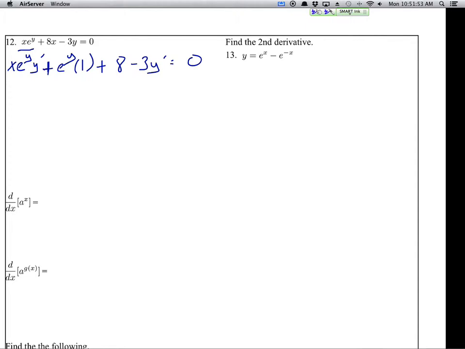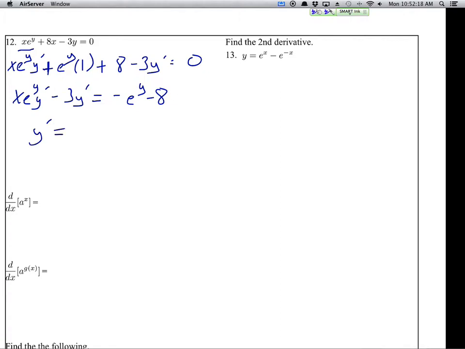Alright, what do I want to do at this point, Jairus? Get y prime on one side. Alright, so I have x e to the y prime, minus 3y prime, so that's going to equal negative e to the y minus 8. And then two things at once right here.